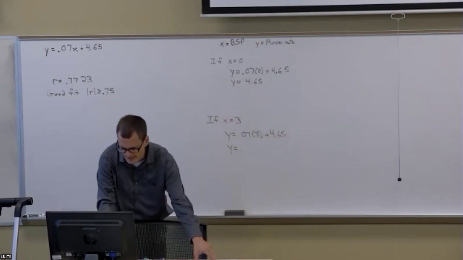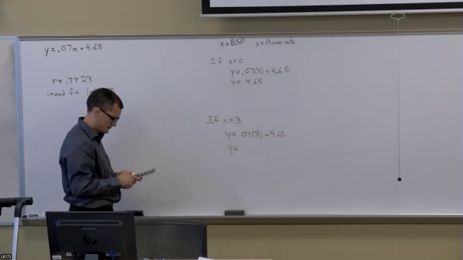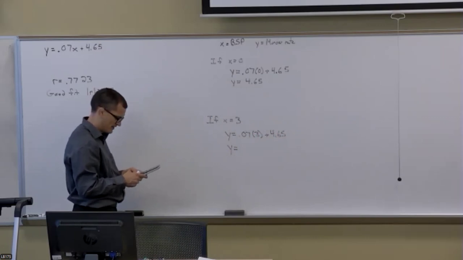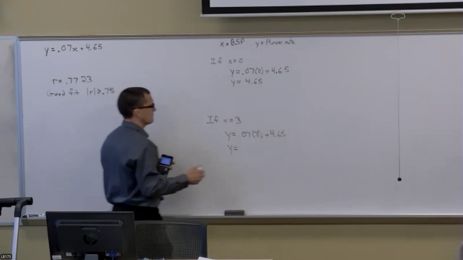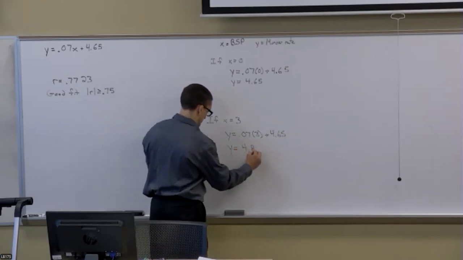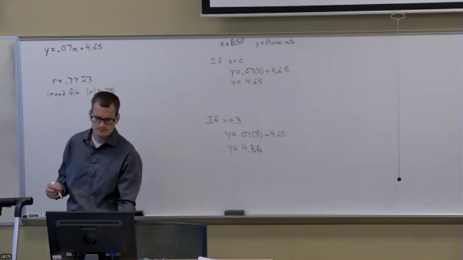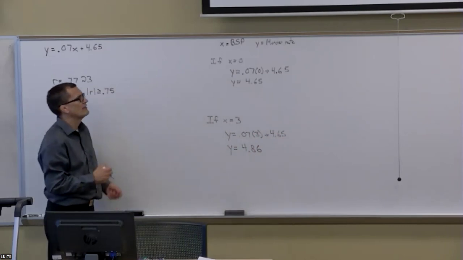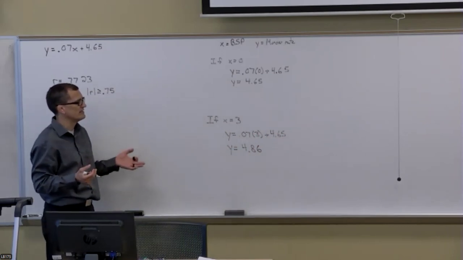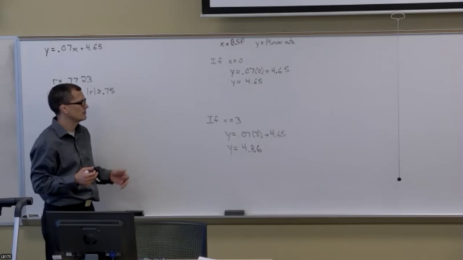Well, we just type that in, 0.07 times 3 plus 4.65 becomes 4.86, excuse me, I misspoke, 4.86. So the line would predict 4.86 to be the murder rate if the Brady scorecard points were at 3.